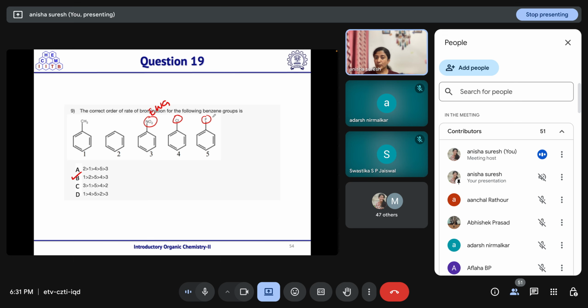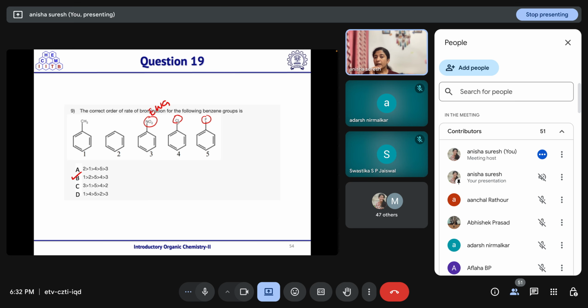Here the chlorine and fluorine can be electron withdrawing by inductive effect and electron donating by resonance effect. And fluorine's electron donating power will be greater because of the better overlap between the 2p orbital of fluorine and the 2p orbital of carbon.